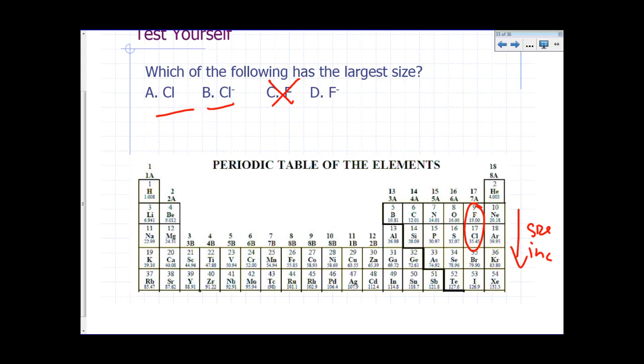You're putting an extra electron in the outermost shell, that increases the repulsion among the electrons, they spread out. So chlorine is larger than fluoride. What about fluoride versus chloride? It's going to be the same argument. Going down the row, the outer electrons here are much further away, so it's not going to be fluoride. Chloride would be the largest.